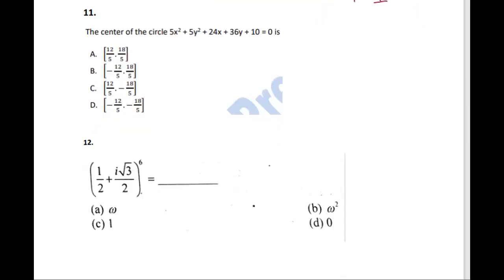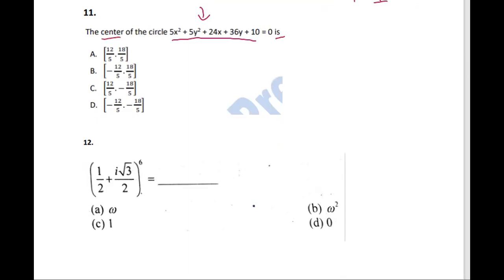All right, now we have the 11th question. The center of the circle, this is... Now this is the equation of a circle. Although it doesn't look like the equation of a circle, we'll make it look like one, and then we will be able to find the center.